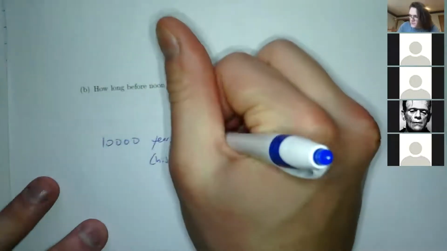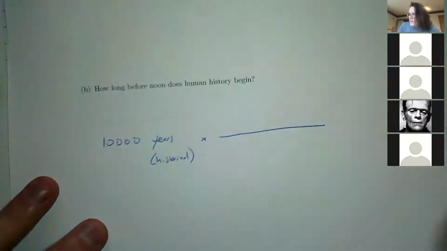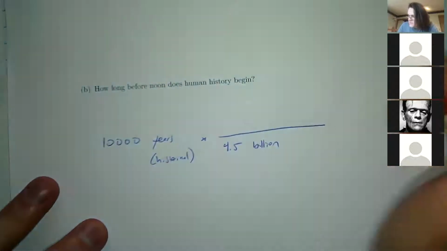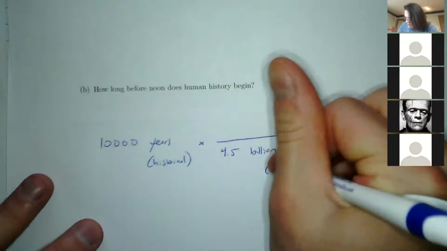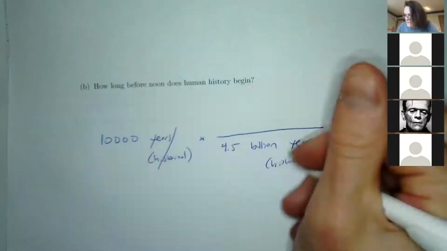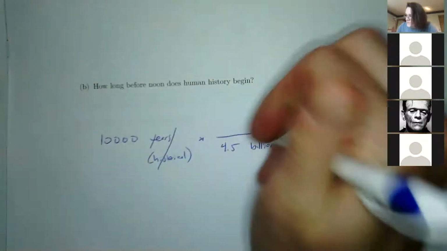And then I'll just do times 4.5 billion years, and again, these are historical, so they cancel. And then on the top, I just have 12 hours again.